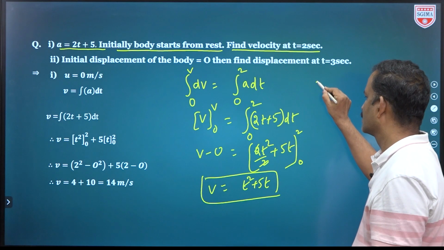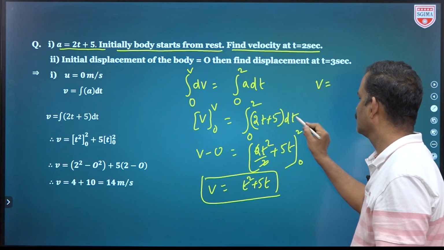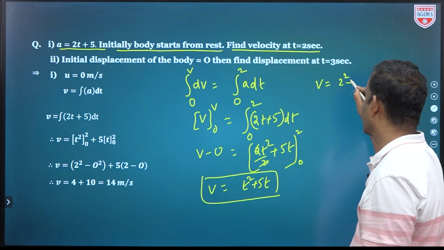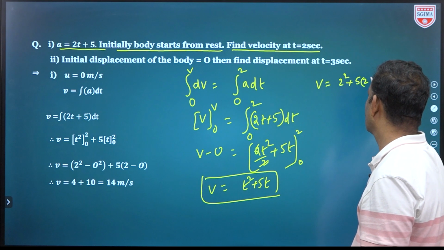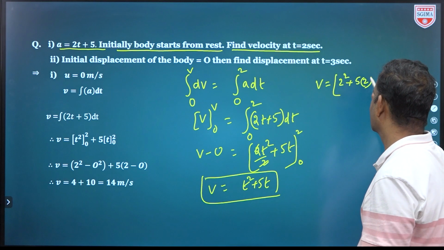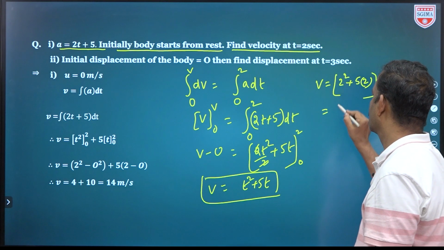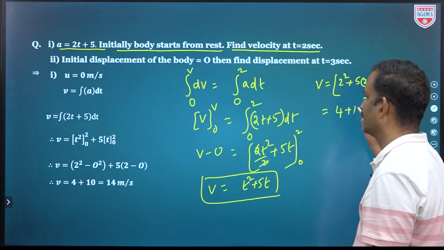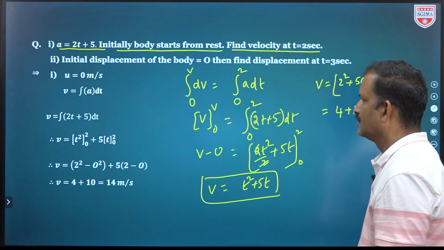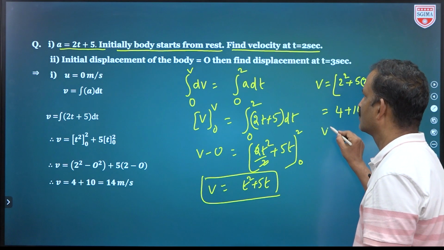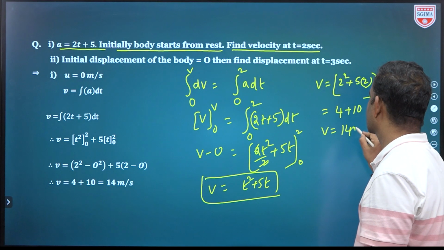So, I got 2 square plus 5 into 2, minus 0. This is equal to 4 plus 10. So, velocity is equal to 14 meters per second.